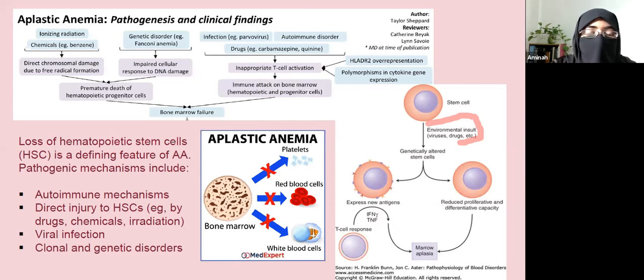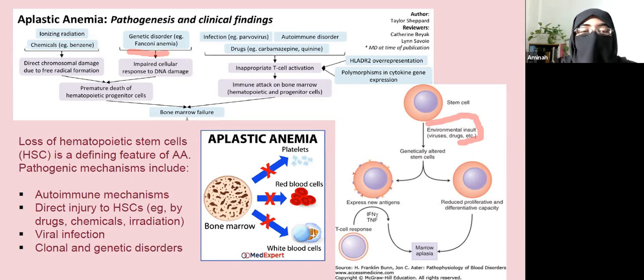Apart from this, another mechanism is when the cause is a genetic disorder. So the pathogenesis is according to the individual gene mutation, which will lead to the loss of hematopoietic stem cells. For example, in Fanconi anemia, like I explained before, there is an impaired DNA repair mechanism in all cells, including hematopoietic cells.